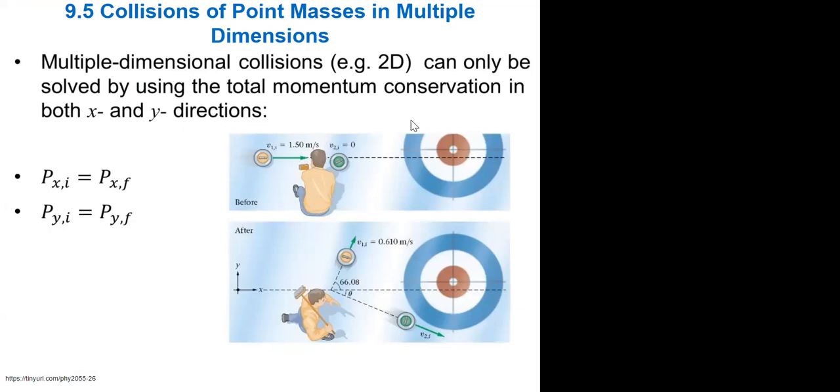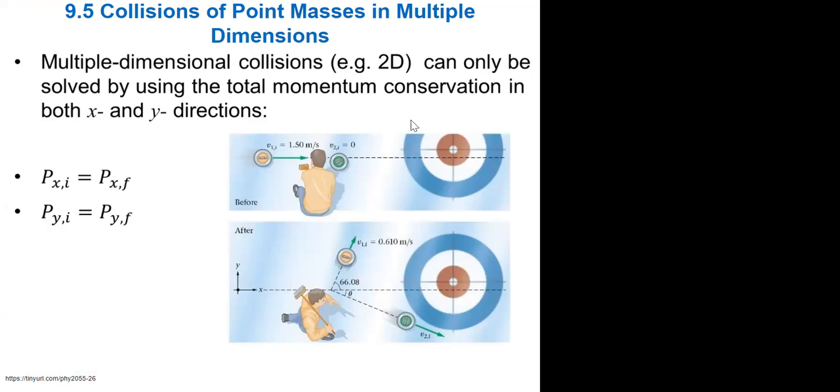When the collision happens, it might not be that the center of mass collides right on the center of mass of the second one. So after the collision, object one is going in that direction, object two is going in that direction. So in this case, you have a two-dimensional collision.